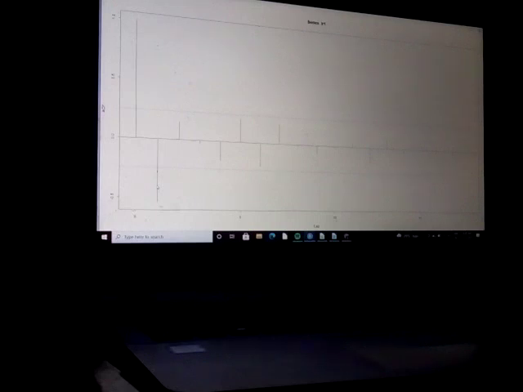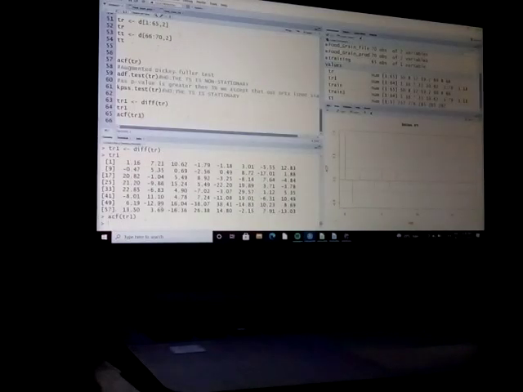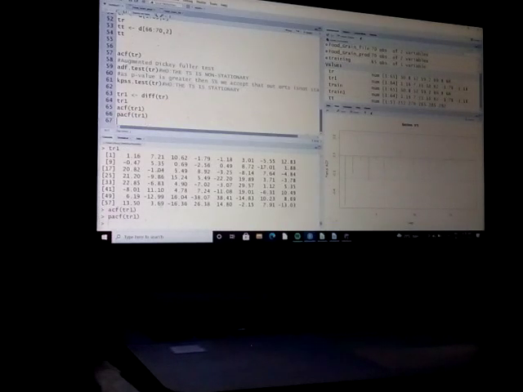And now we will plot the PACF of tr1. Let me zoom this. You can see this blue dotted line, same as described earlier. This is the critical region, and this line is also going beyond this, and this line is also beyond this.